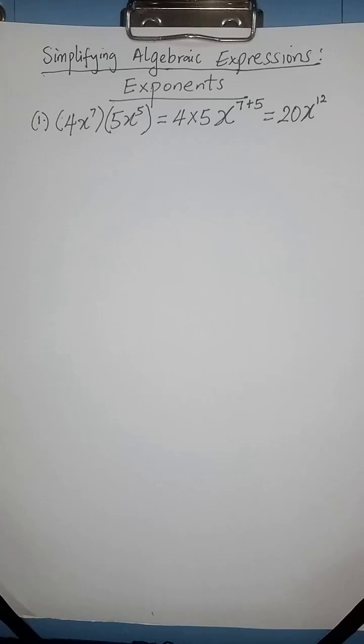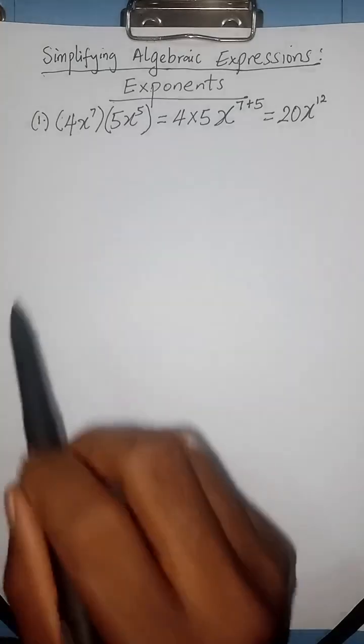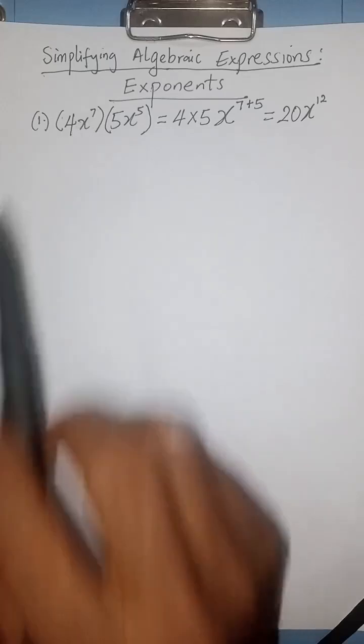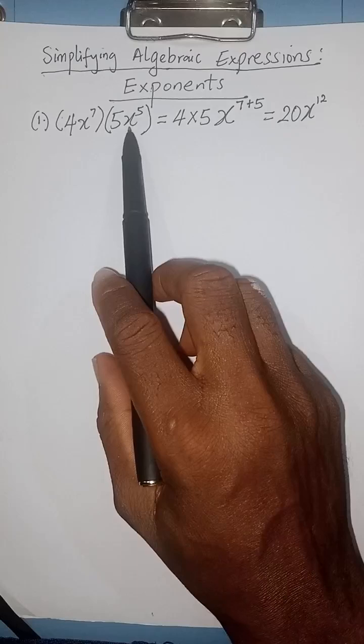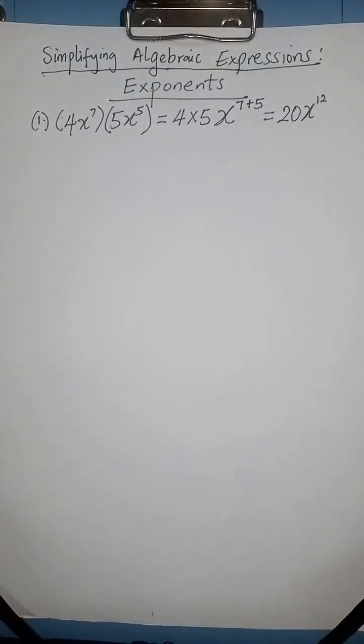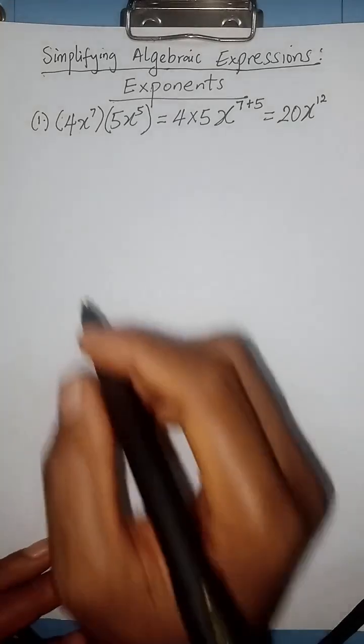If this is confusing or difficult to understand, let's work it out like this. When I have x raised to power 7, it simply means x times x times x, 7 times. And if I have x raised to power 5, it simply means x times x times x, 5 times. So if you multiply that way, you're going to have something like this.